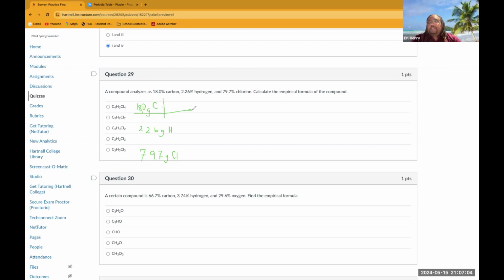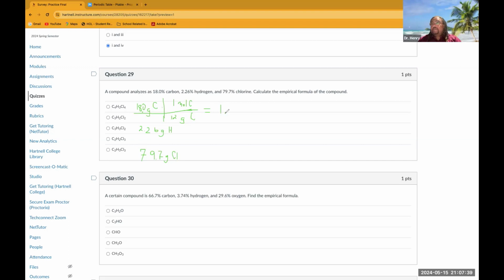Molar mass of carbon, 12. So we're going to divide it by 12 grams per 1 mole. This should be 1.5. Yeah, 1.5.